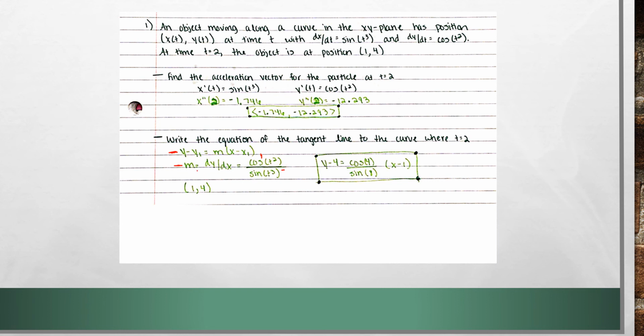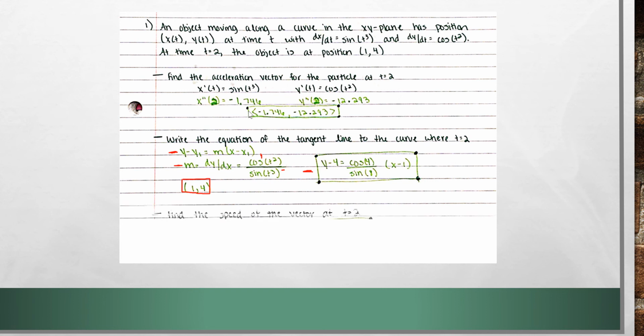And it gave us the point 1, 4, so we can just use that in our equation. So when we plug everything in, we get y minus 4 equals cosine 4, because 2 squared is 4, divided by sine 8, because 2 cubed is 8, times x minus 1. And again, since this is a free response question, we don't have to simplify it any further because that would just waste time.